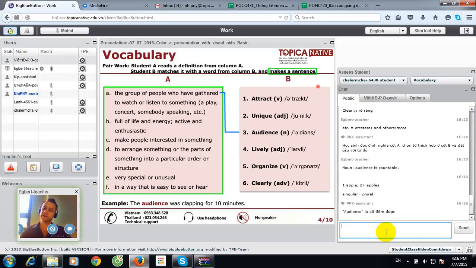That's how we call that a countable noun. However, to make it complicated, the singular form, audience, can go together with both the singular and plural verb.